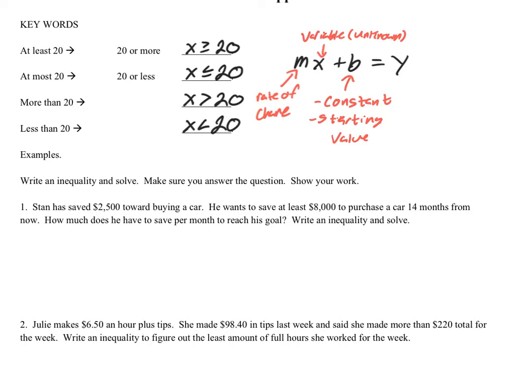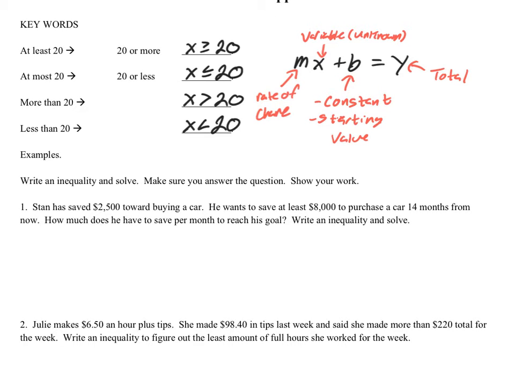Maybe it's $50, maybe it's $100, but regardless of if they stay there for 5 minutes or 5 hours, they're saying, hey, it's $100 for me to just show up. And then they add the rate of change on top of that. So it's $100 to just show up at your house, and then it's $50 every hour thereafter. And our y here is typically our total. So we're going to work within those bounds and try to fit everything that's happening into that.